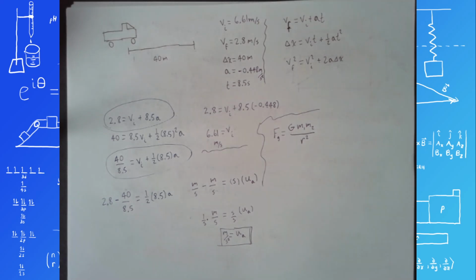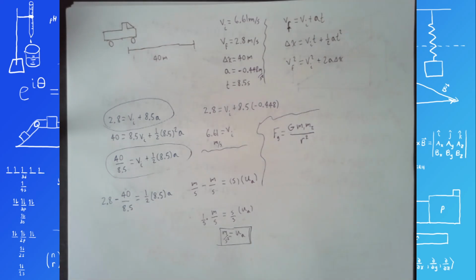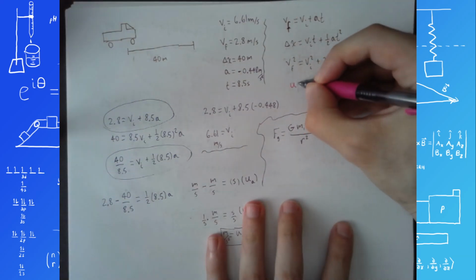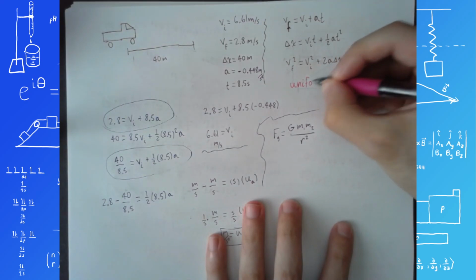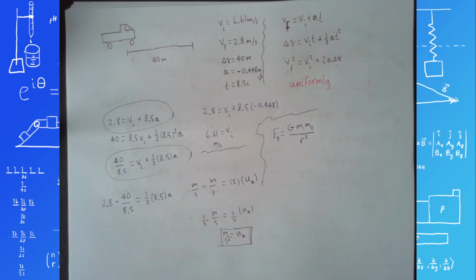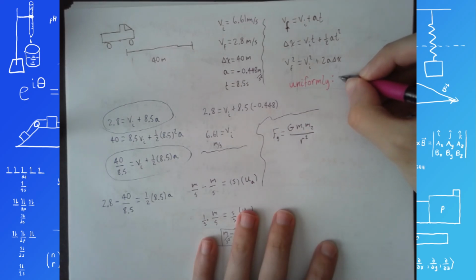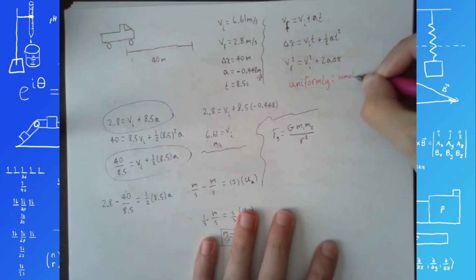Okay, so it says a speedboat increases its speed uniformly. That means with constant acceleration. If you see the word uniformly, uniformly means something is constant.